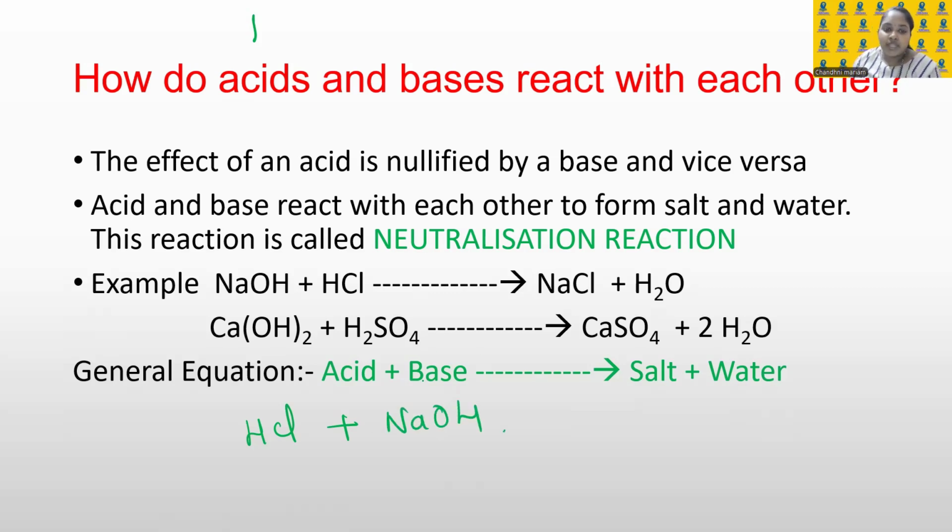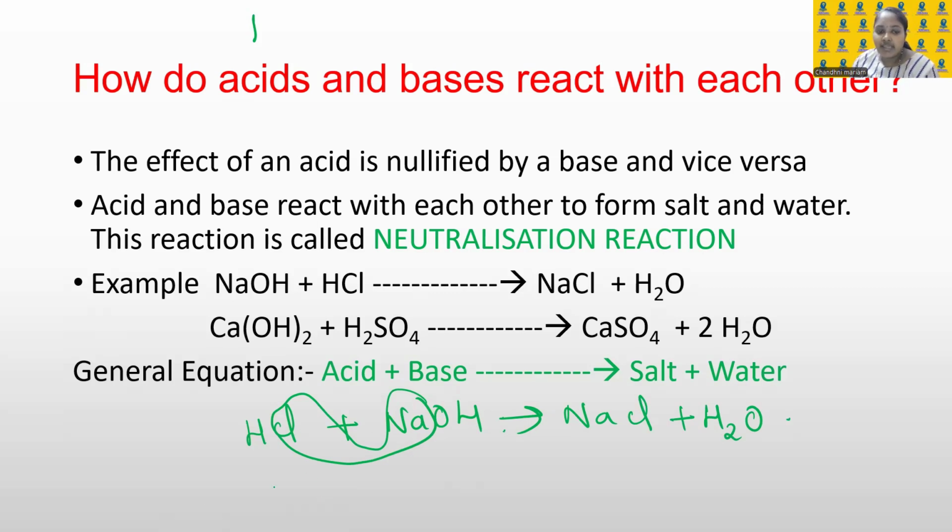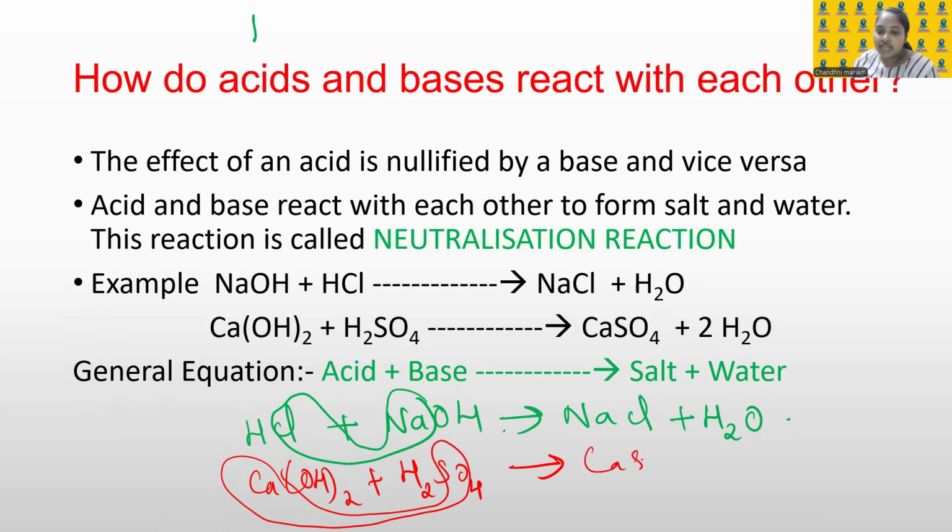The Na part and Cl part combine together to give NaCl, and the rest is water. Again, we take another example: calcium hydroxide is a base and sulfuric acid is an acid. The calcium part and sulfate part combine to give calcium sulfate, and the rest evolves as water.